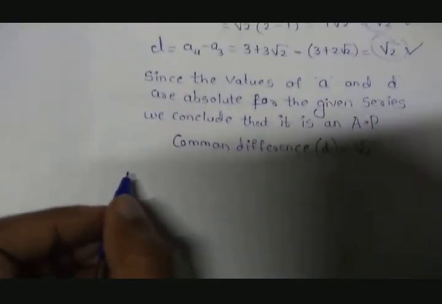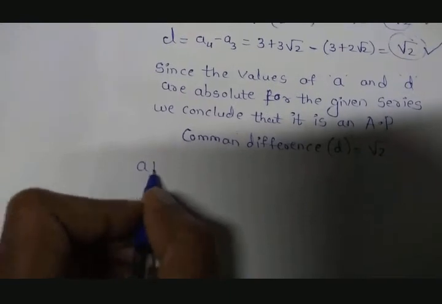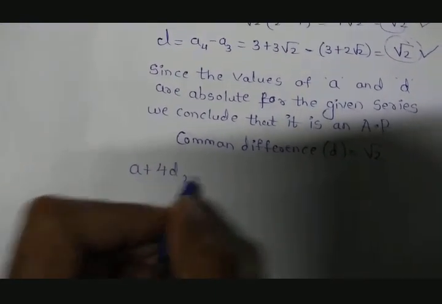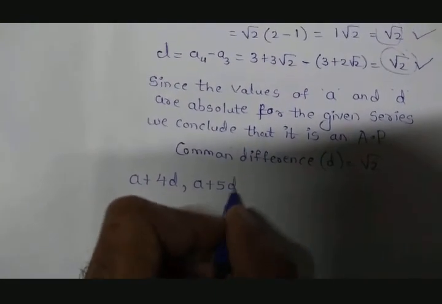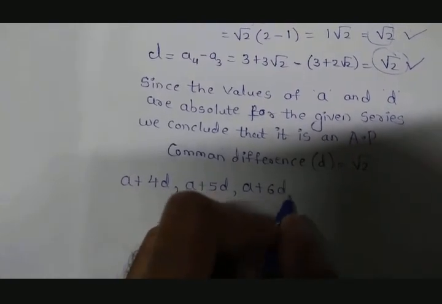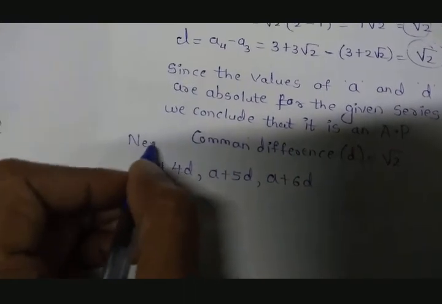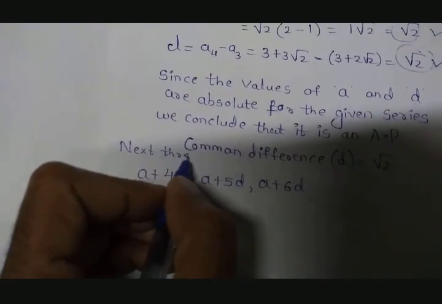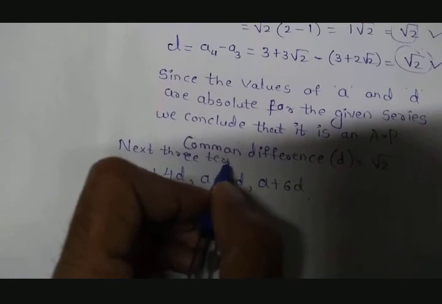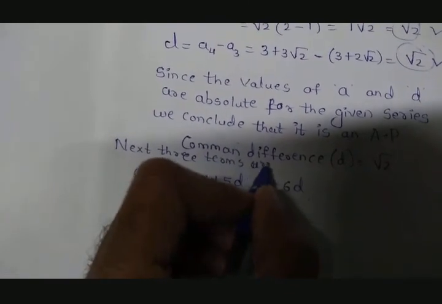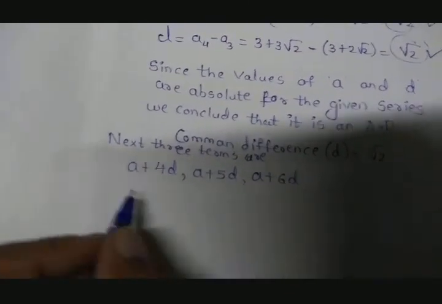So we should find a plus 4d, a plus 5d, and a plus 6d. Right? The next 3 terms are a plus 4d, a plus 5d, and a plus 6d.